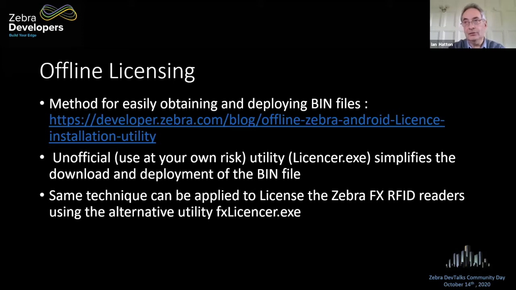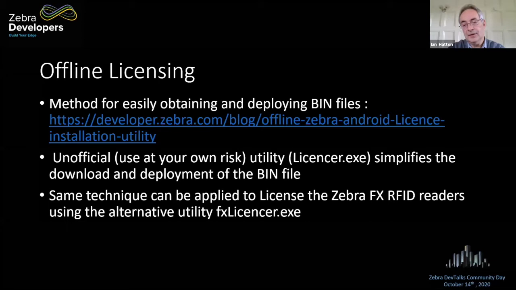It doesn't really do very much apart from assist with accessing that file and getting it onto the device. And the same technique can be applied to license the Zebra FX RFID readers using a modified version of that utility called FX Licenser. We'll look at that briefly as well in an upcoming slide.